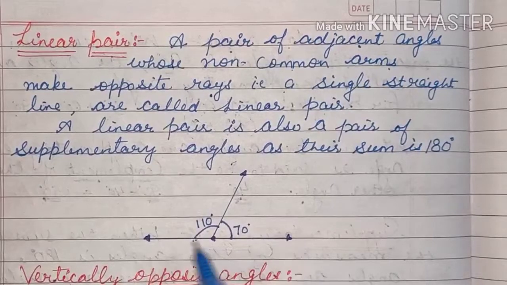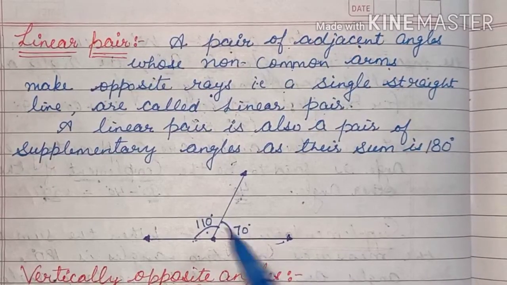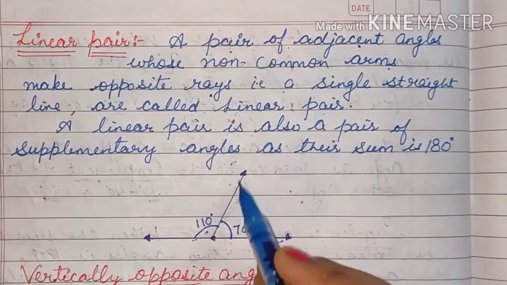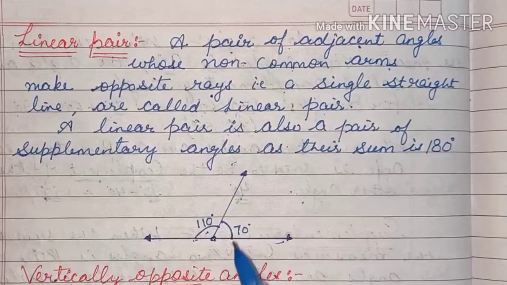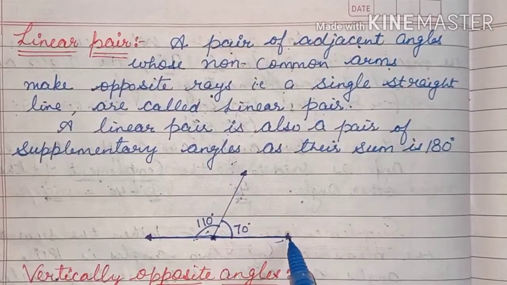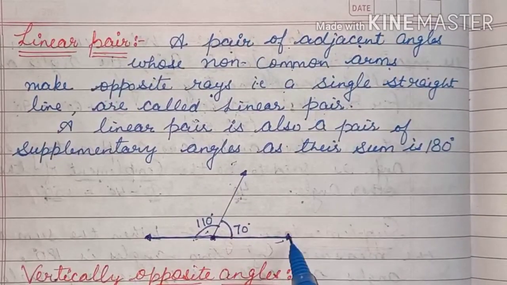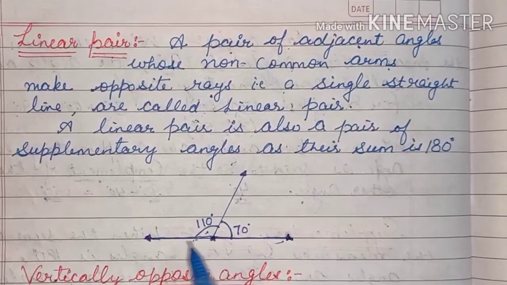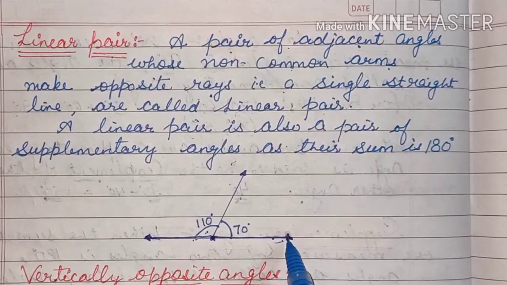Here you can see that first of all these two angles, 110 degrees and 70 degrees, are adjacent angles because this is a common arm and this is a common vertex. And now the non-common arms, the non-common sides of these angles, are forming a straight line. They are placed opposite to each other and making a straight line.